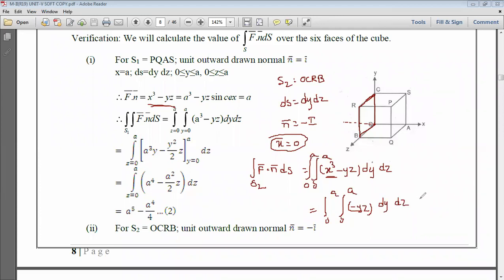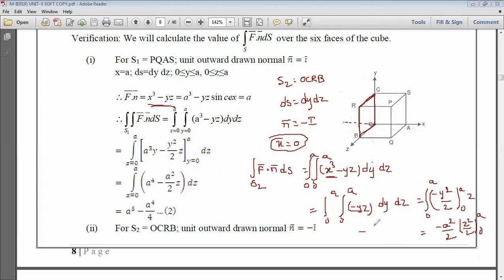Now you can apply integration first with respect to y and then with respect to z, or with respect to z and then y. So minus y square by 2, integral 0 to a, z integral 0 to a. So if you substitute the limits, minus a square by 2, and the z integration is nothing but z square by 2 between the limits 0 to a.